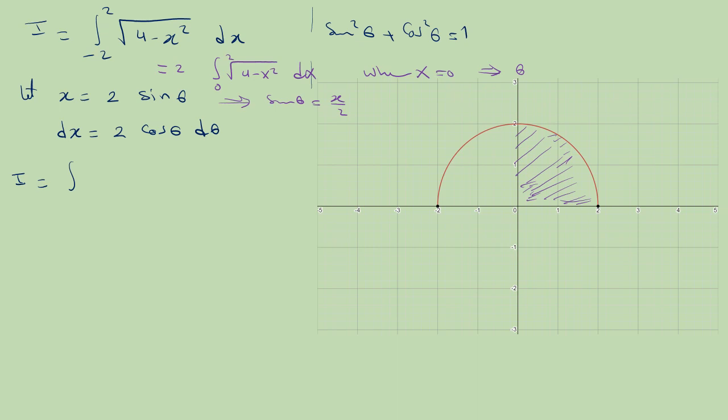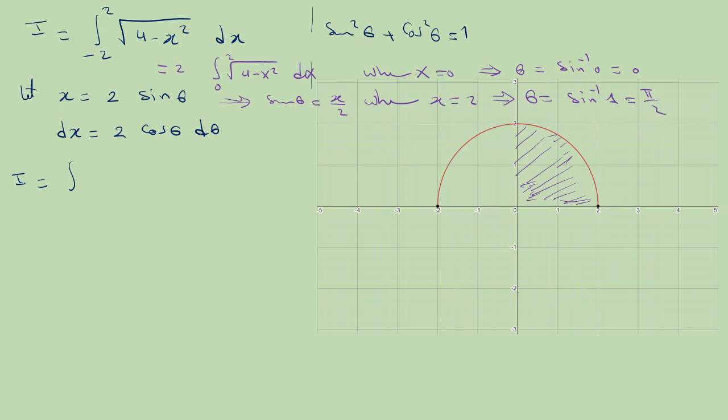Therefore, theta is equal to sine inverse of 0, which is 0. When x is equal to 2, we get sine theta equal x over 2, 2 over 2, 1. Sine theta equal 1. Therefore, theta is equal to sine inverse of 1, which is pi over 2.